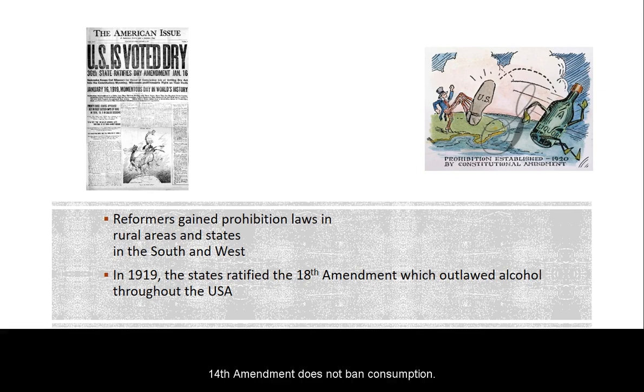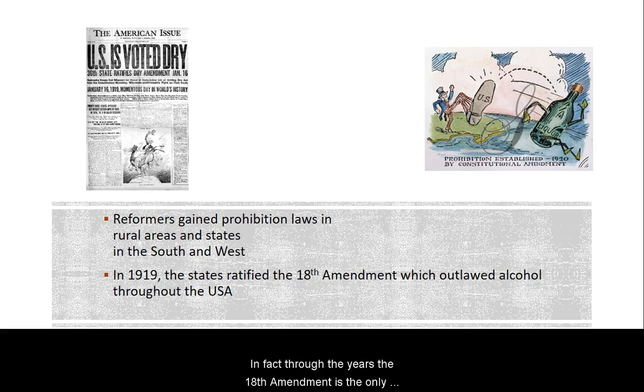Now, the 18th Amendment does not ban consumption, but it bans the sale and manufacture. So you cannot make it and you cannot sell it. If you can't make it and you can't sell it, you're not drinking it. But that's not to say people didn't still do that.